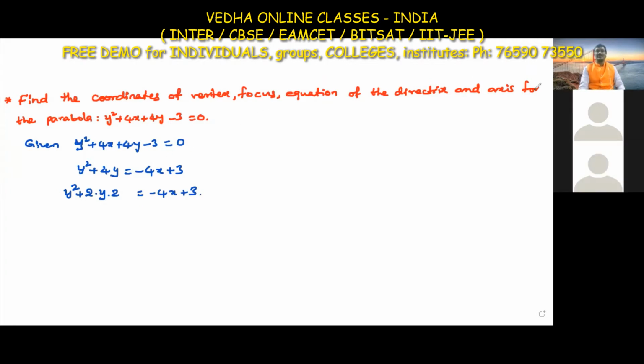Here I am adding. What is b here? In place of b, we have 2. So that is nothing but adding 2 square on both sides.